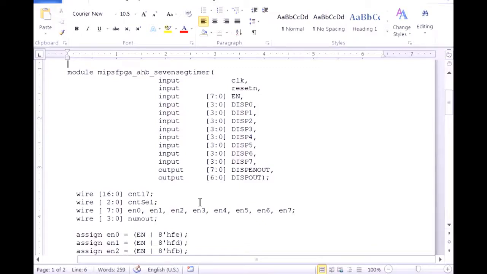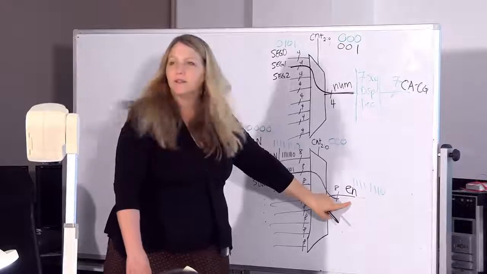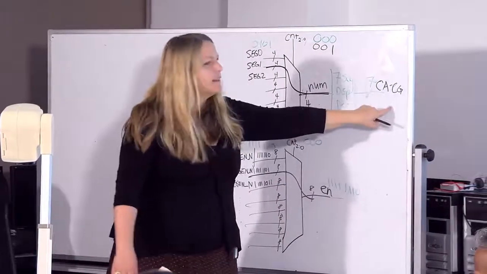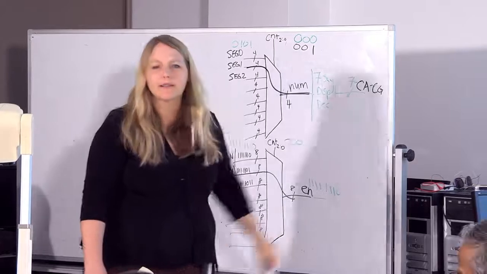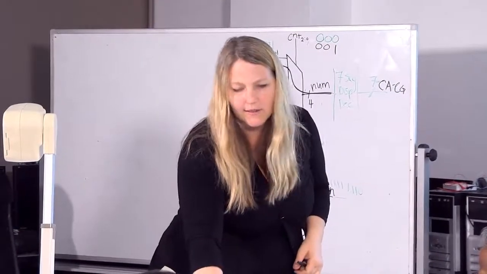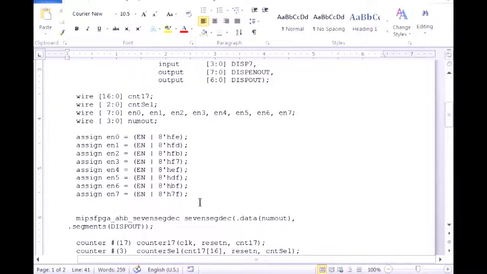Okay, so that's these values, display 0 through display 7. And now that thing that we're going to output, display enable out, is this value, that masked value. And display out will be the 7 segments that we want to display. So that's what we're going to connect to the board that connects to the 7-segment display.